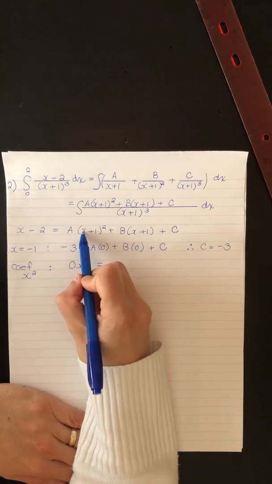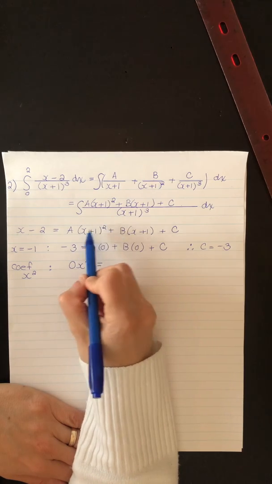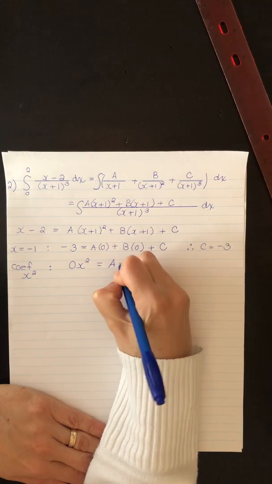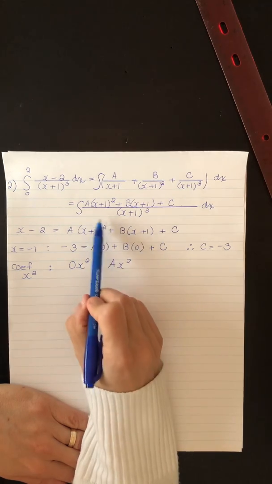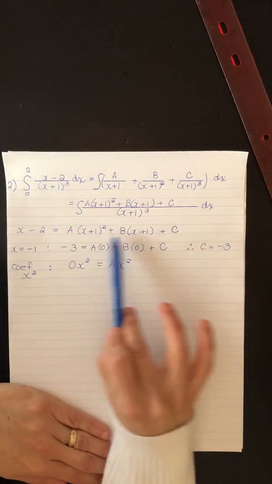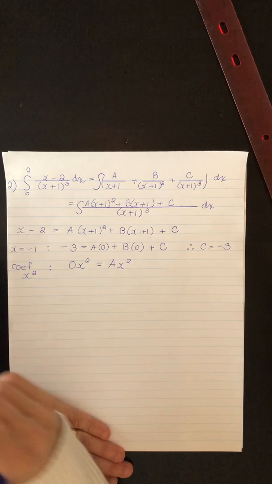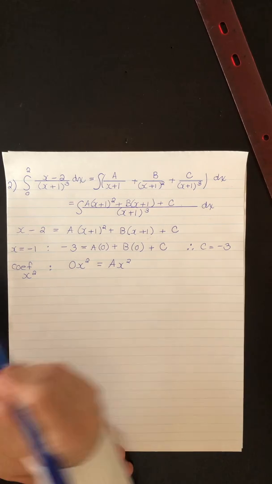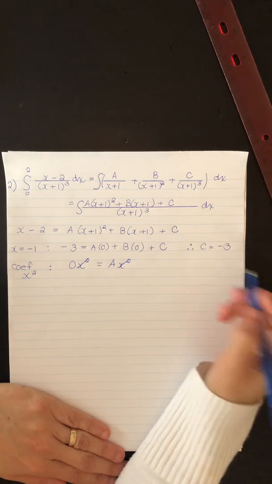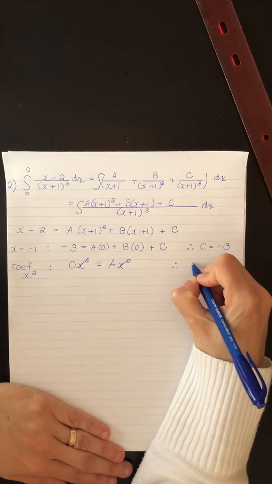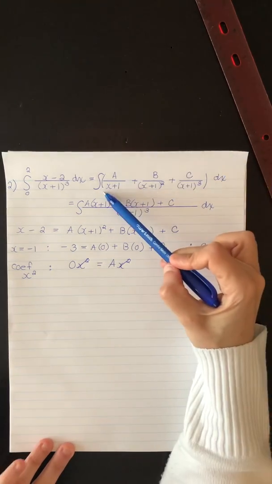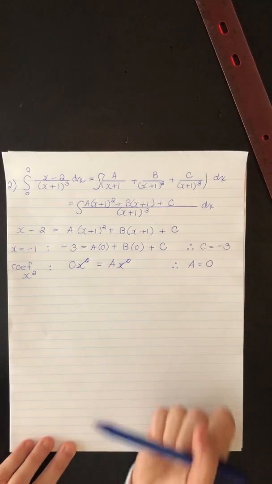The only x squared term would be here, preceded by the coefficient A. So we would have a term Ax squared if we actually expanded this out. There are no squares present anywhere else, so this gives us the equation 0x squared is Ax squared, from which we get 0 is equal to A. So that means we will not have this fraction present at all.